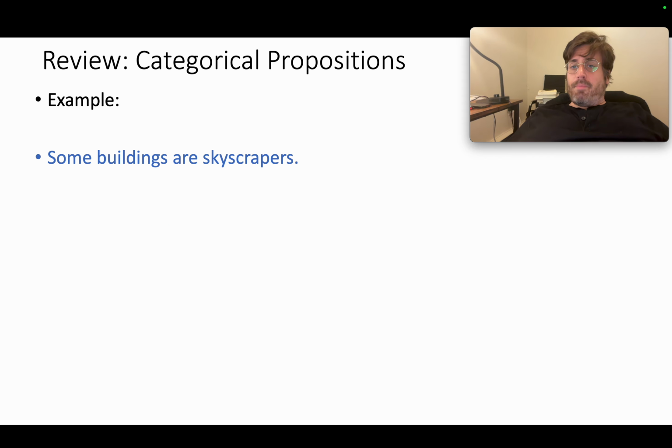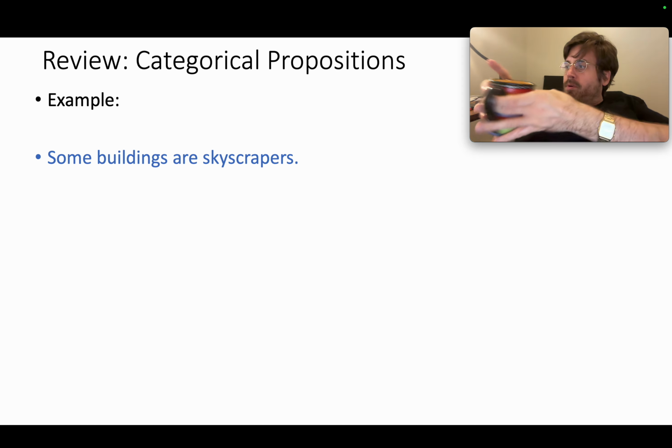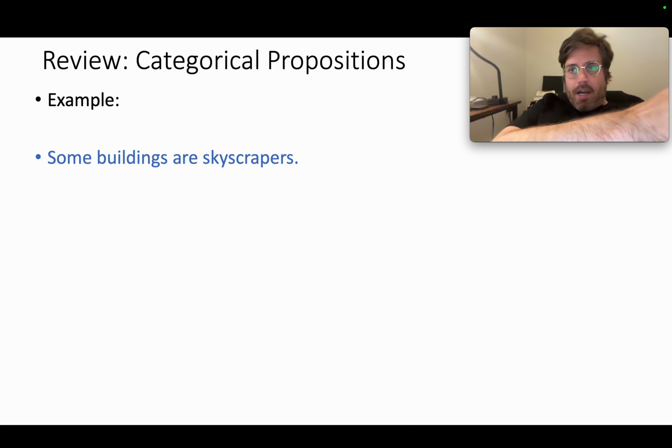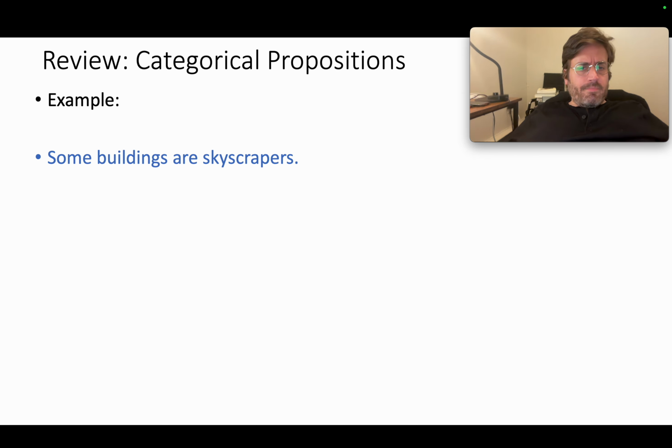Let's look at an example here. Some buildings are skyscrapers. Try to write down for yourself, what is the quality of this sentence? If you wrote down affirmation, you are correct.